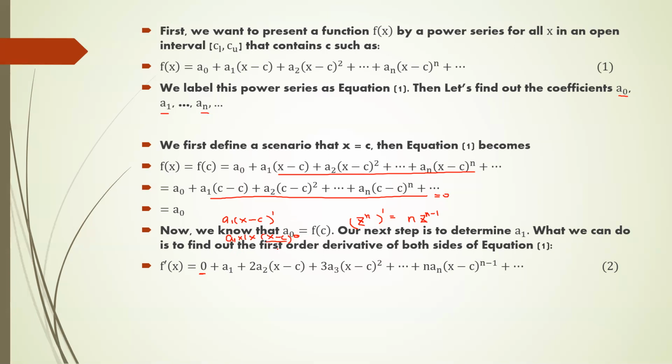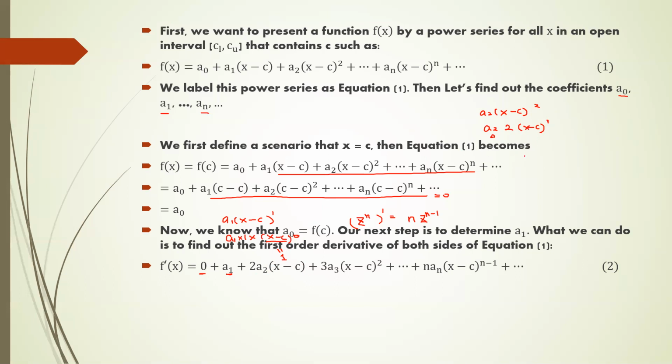So this equals 1, and the second term becomes a1. The third term, if we take derivatives, a2 times x minus c to the power of 2, a2 is a constant, we just hold it as it is. The power is 2, so it's 2 times x minus c to the power of 2 minus 1. So it's 2 times a2 times x minus c.